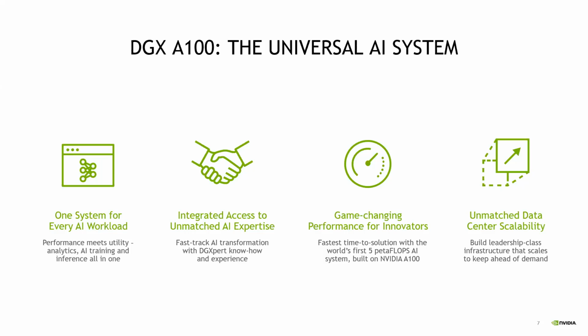Then you have game changing performance for innovators. You have fastest time to solution with the world's first 5 petaflop AI system. So NVIDIA A100 is actually the first AI system which is able to deliver these many petaflops of game changing performance in just one machine.